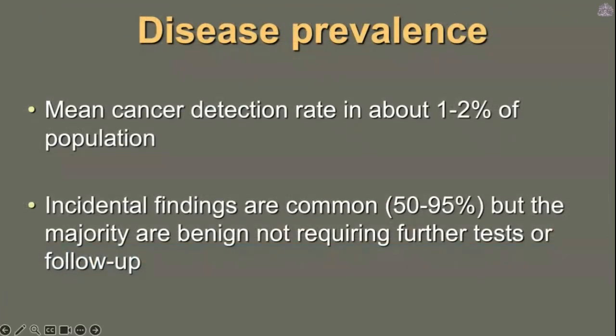This is a summary of what we expect to find using whole body MRI in the general population setting: 1 to 2%, with incidental findings being very common, but remember, the majority are benign and do not require further tests or follow-up.